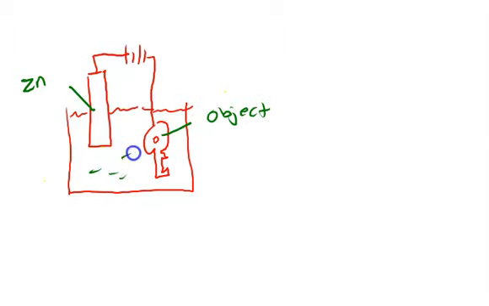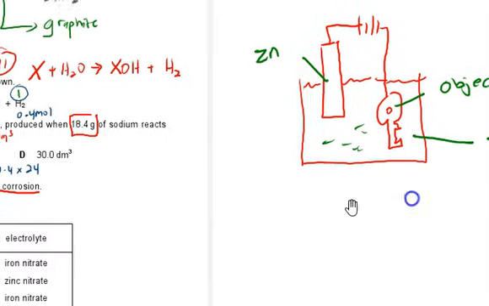And make sure your solution is also zinc related, for example zinc nitrate, or you can also use zinc sulfate. Please remember this regarding electroplating.